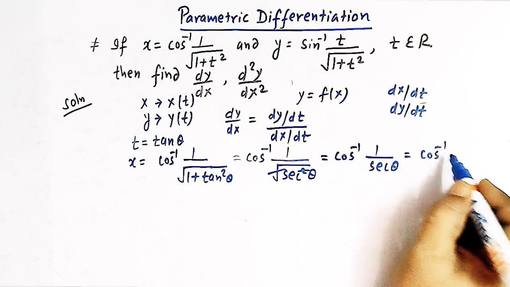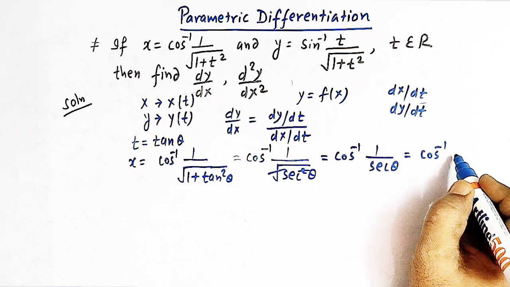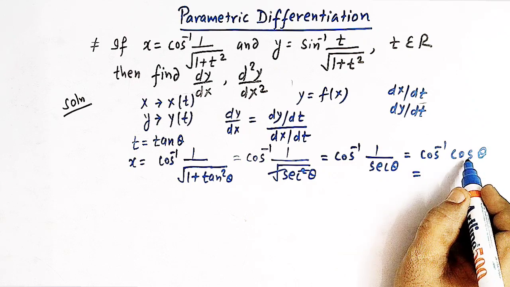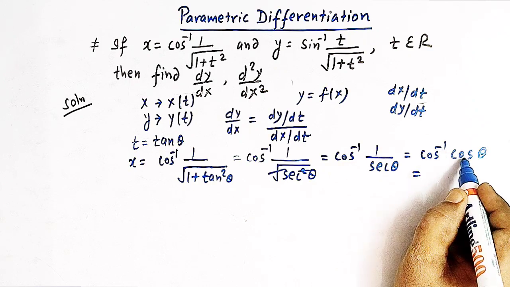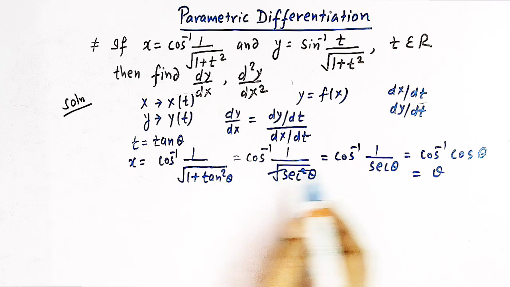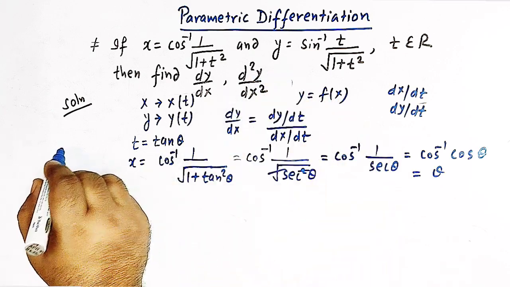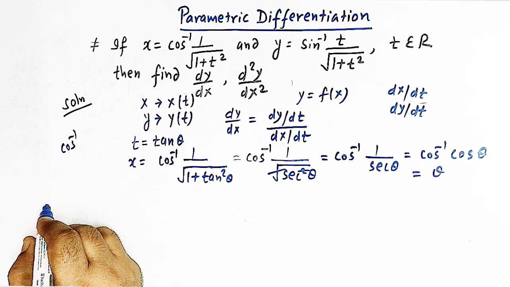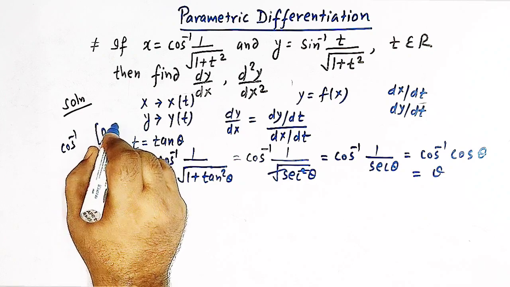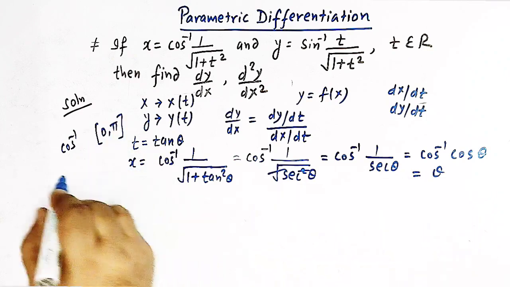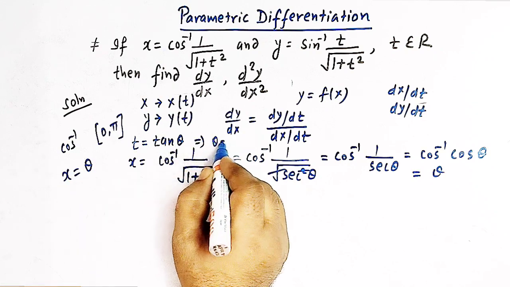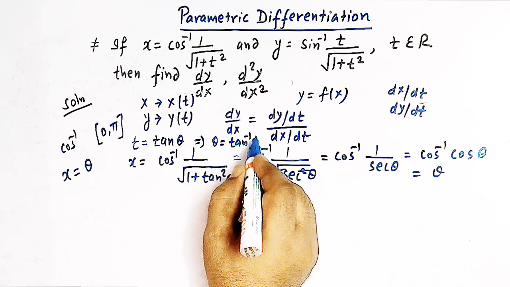Now 1 over secant theta is cos theta, and from inverse trigonometric functions, cos inverse and cos get cancelled and we are left with theta, provided that the principal value branch of cos inverse belongs to the interval 0 to pi. So x is equal to theta, where theta is given by tan inverse of t.